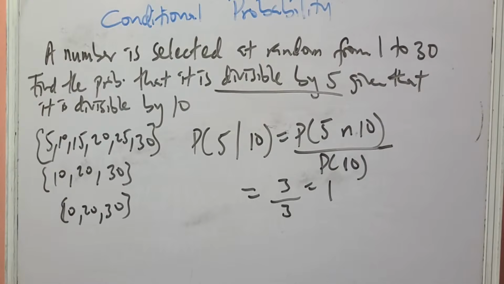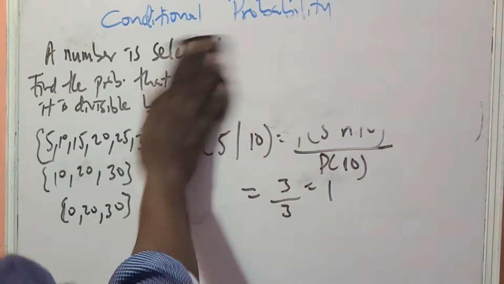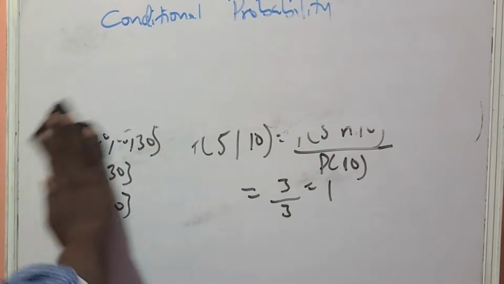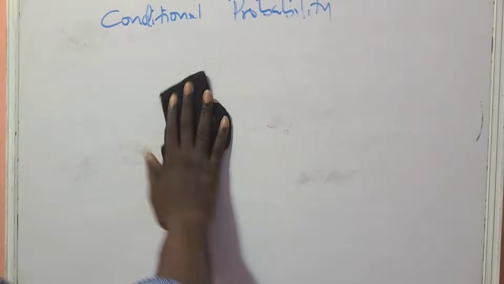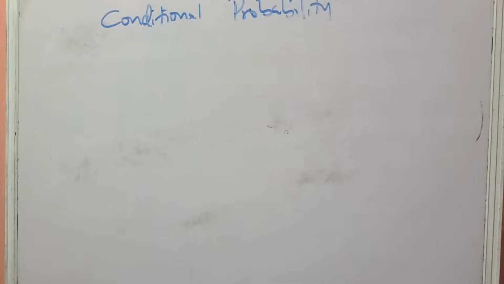A card is drawn from a standard deck. Find the probability that it is an ace, given that it is a black card.